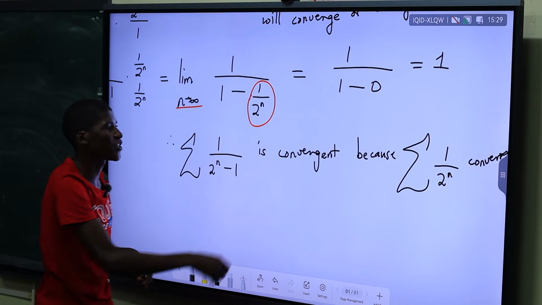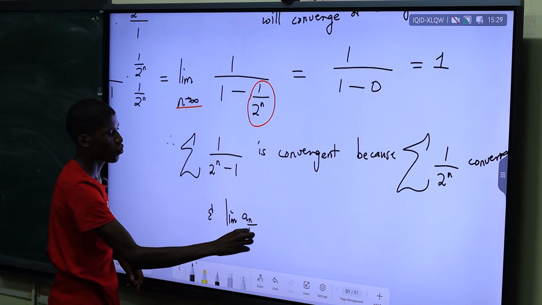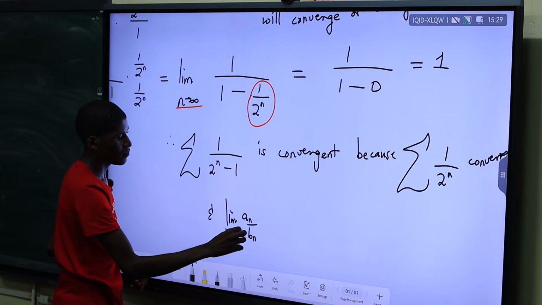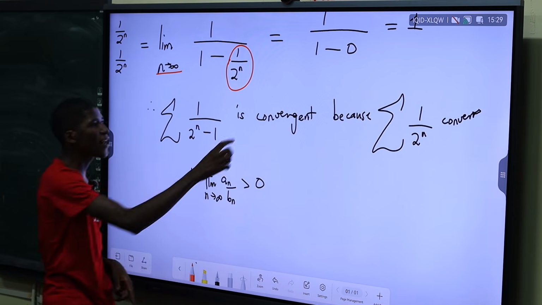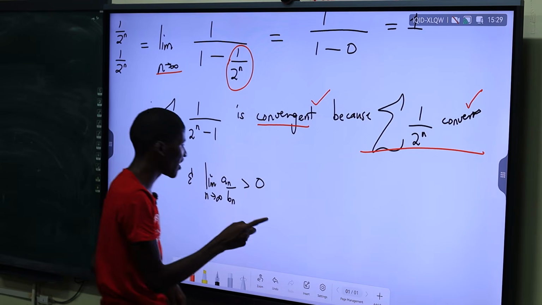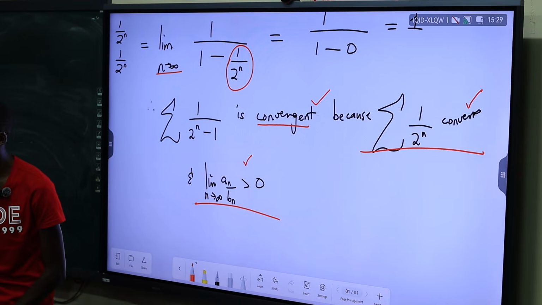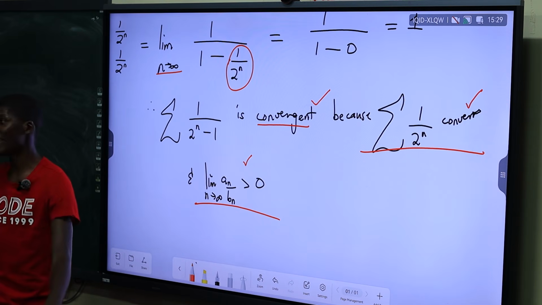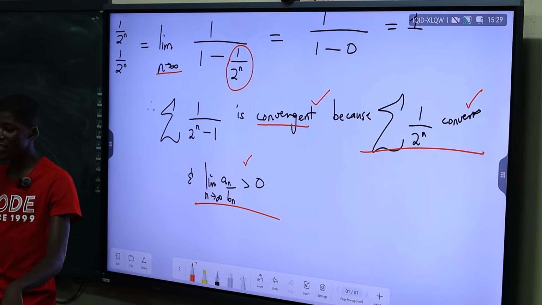And also the limit that we get is greater than ubani? U0. Now, these are the two conditions that you need. So this one is convergent because this one is convergent and also the limit is greater than 0. So if the limit is greater than 0 and one of them is convergent, then the other one automatically is convergent. It's a limit comparison test.